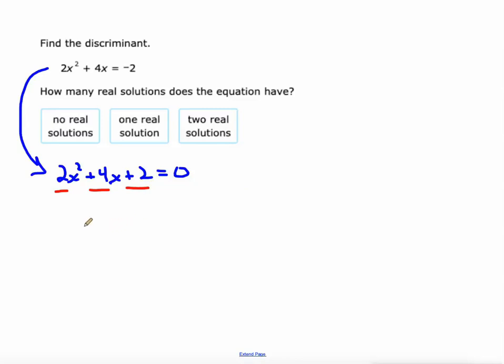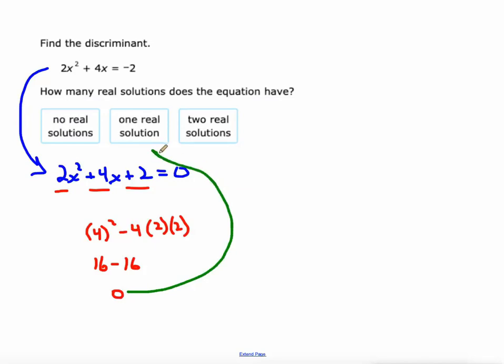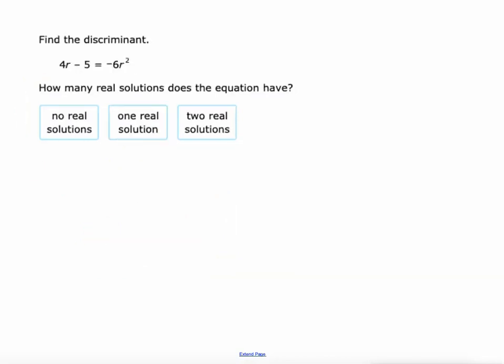All right, so b squared minus 4ac, 4 squared minus 4 times 2 times 2. 16 minus 16 is 0. And 0 actually means there's only one square root of 0, and that's 0. So that means that we have one real solution. So if the discriminant is 0, there's one square root of 0, meaning we have one solution.